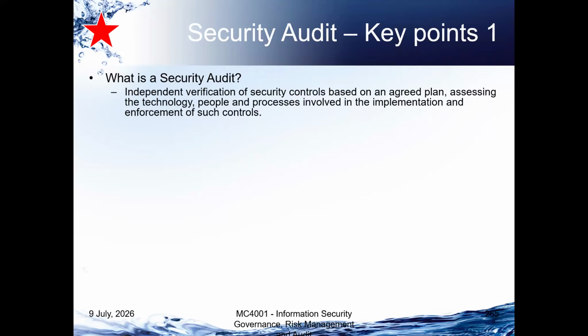So basically the lifetime of the control, you will be checking as part of the audit process. So go back to the front of the sentence: independent verification. That is key. Independent verification. That's the audit.